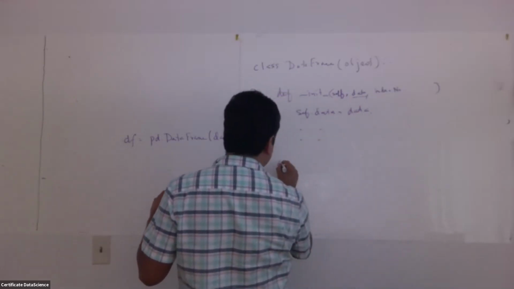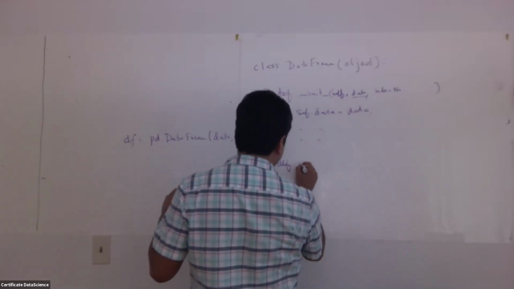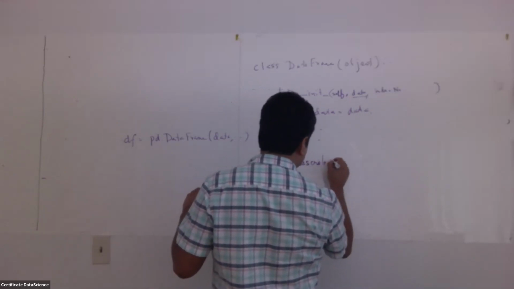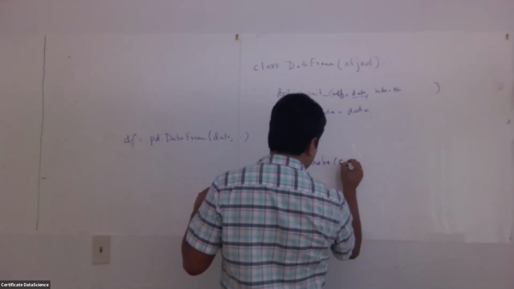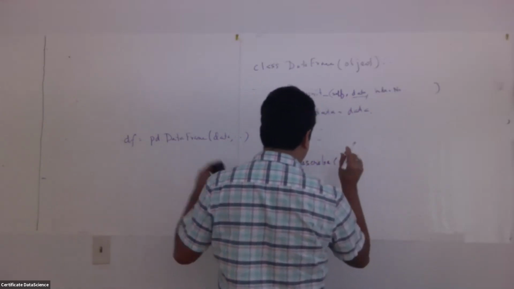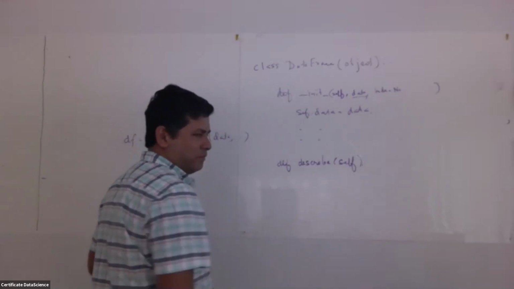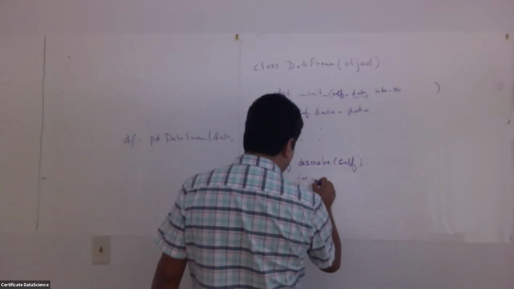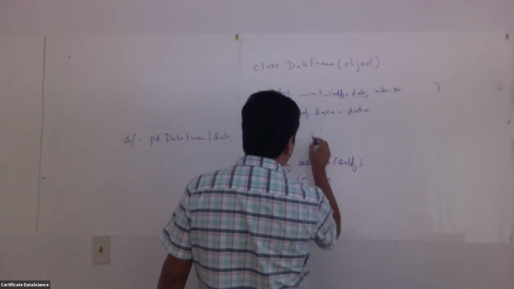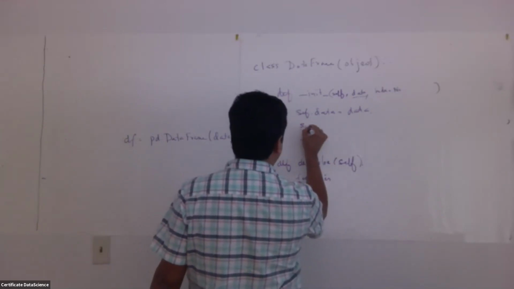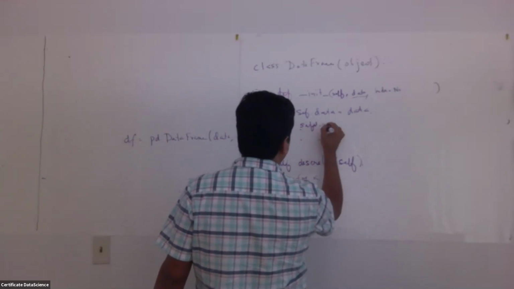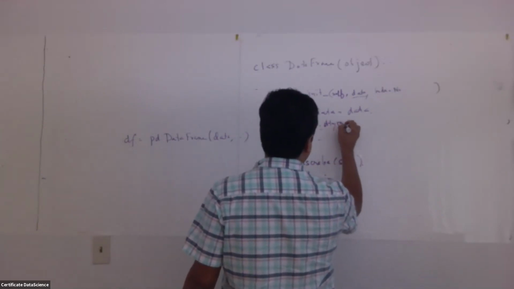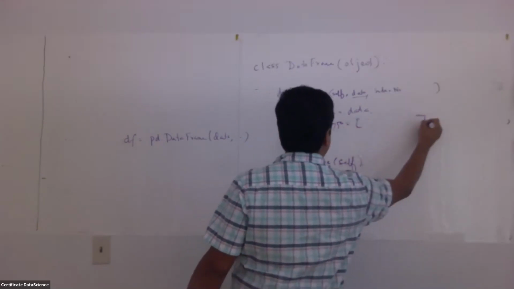Now, it will also have a function called describe, with self. So what will it do? It is going to go through each column. If it has data, it will also have a self.index or something, or dtypes. It will have all the data types.